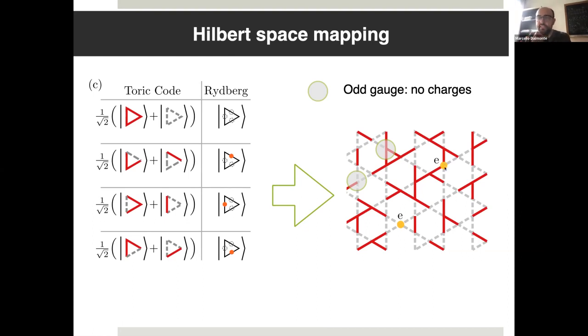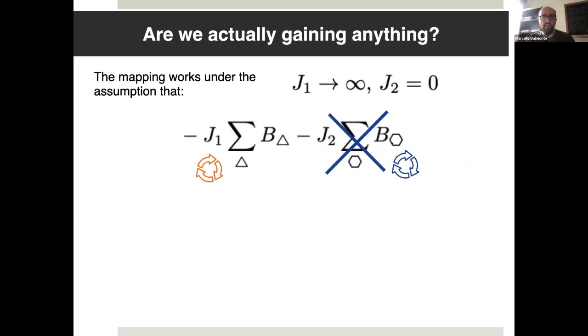Then in these states, the interpretation is that actually there is a charge at the given vertex. So this is the interpretation of this kind of resulting states that we get out of this Hilbert space mapping.